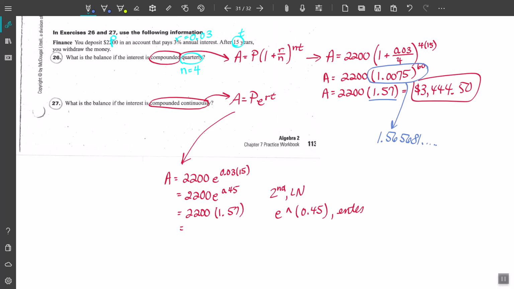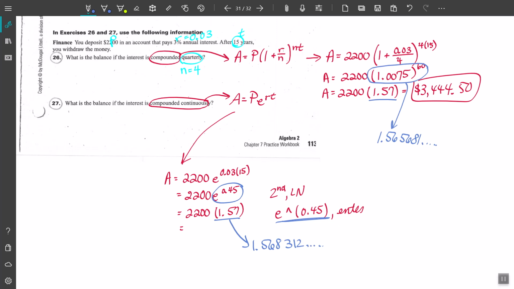If you do the same thing down here, so that means when I raised e to the 0.45, which is what I showed you over here, you're going to get an answer. Instead of rounding that, I also rounded that to 1.57. But if I don't, I end up with a different decimal, and it's going to keep repeating. So if I do the same thing, I hit enter here and just go ahead and multiply by 2200.